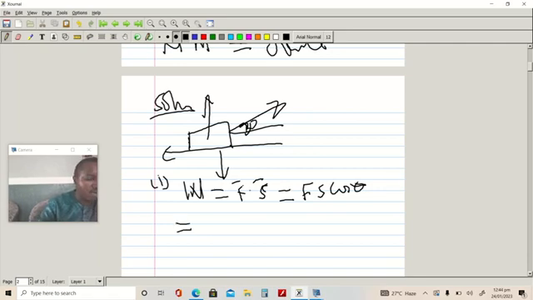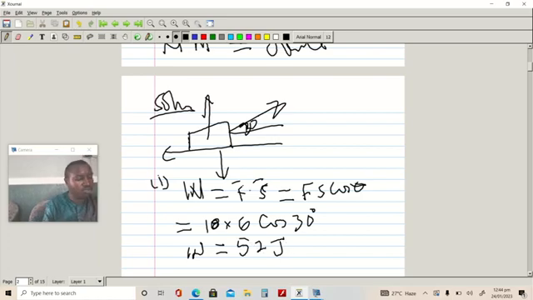So we're going to have our F, which is 10 Newton, multiplied by distance 6 meters, then cos 30 degrees. So if you do this, work now will be equal to 52 joules. So that's the first thing that we are asked to do.